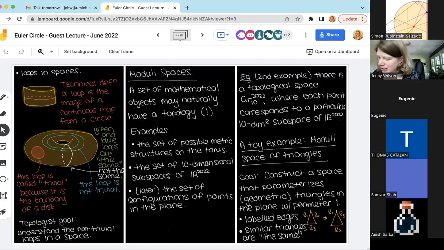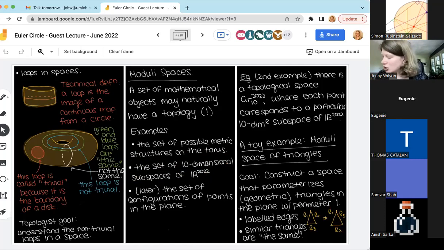One example is the set of possible metric structures on the torus. Or really what's more interesting is what we'd call flat metric structures. This is something extensively studied. Okay, whatever that means. Another example, if you've seen some linear algebra, then, for example, the set of 10-dimensional subspaces in Euclidean space of dimension 2022, that is an example of a moduli space.